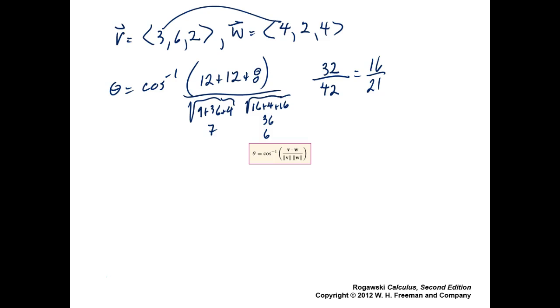Not the zero vector. But what if you came up with the dot product being 0, but neither one of them were the zero vector? What would that tell you? It's the inverse cosine of 0. This is a 0 up here, not a 0 down there. It's pi halves, exactly.